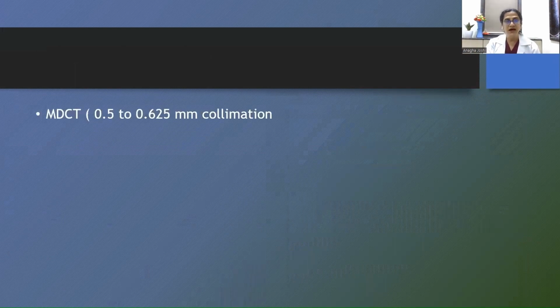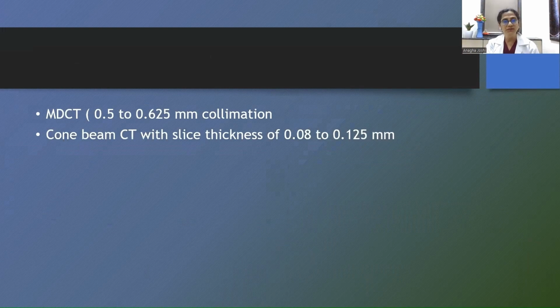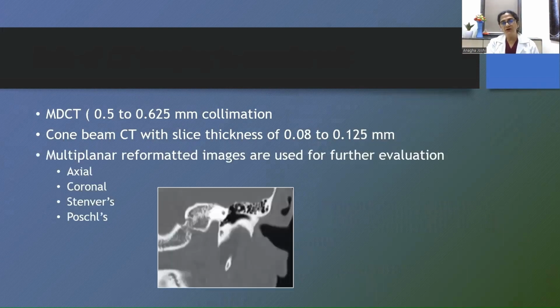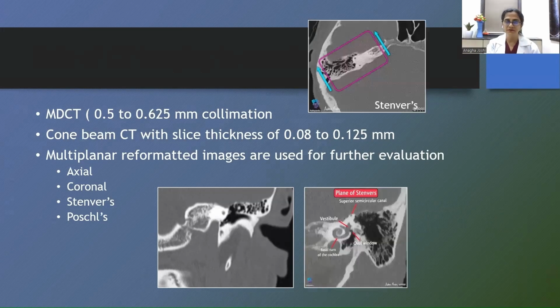What would you ask for? You would ask for MDCT with a 0.5 to 0.625 millimeter collimation, or a cone beam CT scan with a slice thickness of 0.08 to 0.125 millimeter. You ask for multiplanar reformatted images in the axial, coronal, Stenvers and Poschl axes. Stenvers is where the axis is parallel to the petrous temporal bone; here you can see the entire cochlea in this image.